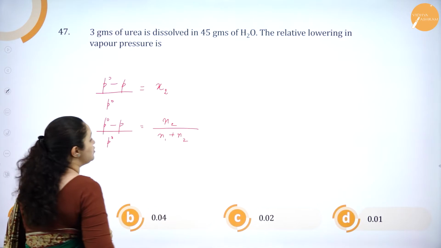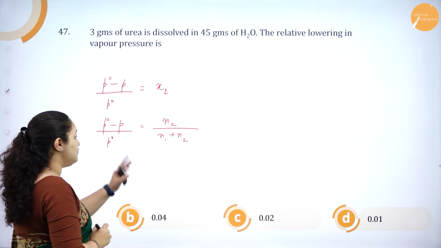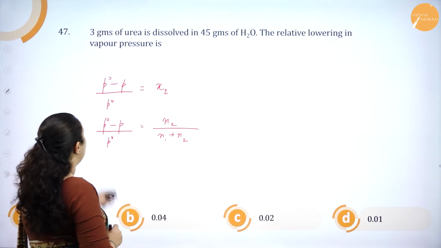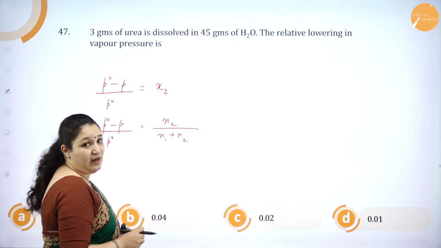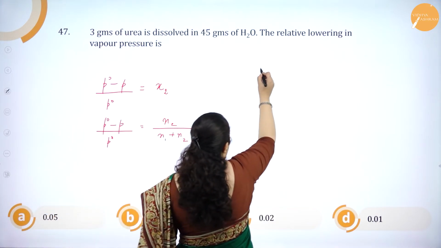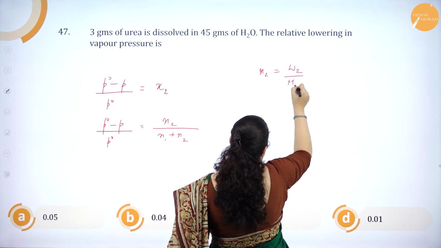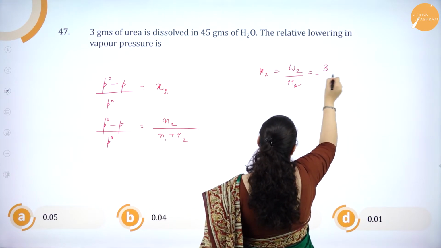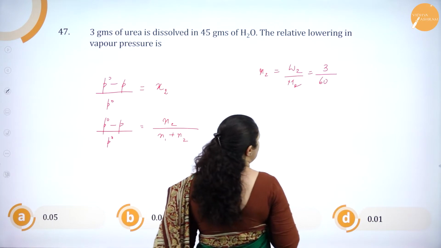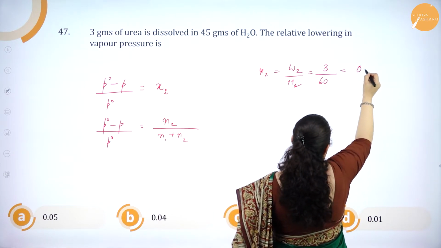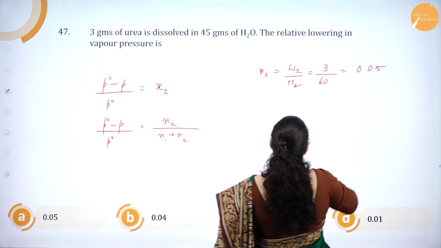So number of moles of solute by number of moles of solute plus solvent we have to do. So what is the solute? Urea. So how to find the number of moles? N2 is equal to mass by molecular mass. Mass of urea is 3, molecular mass is 60. So you will get it as 0.05.